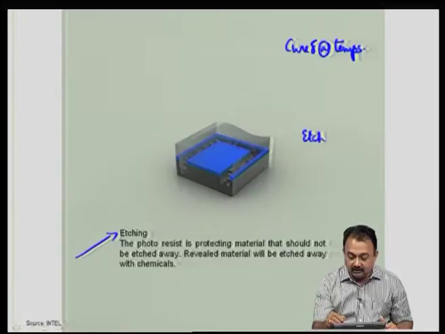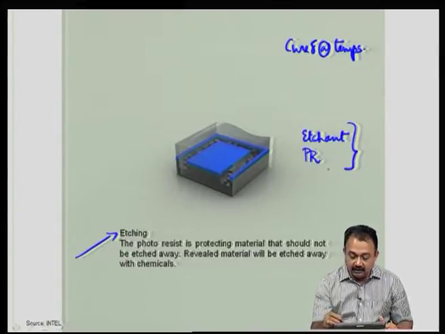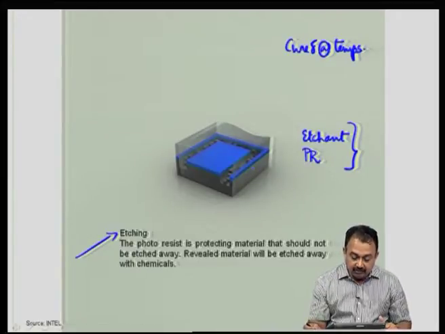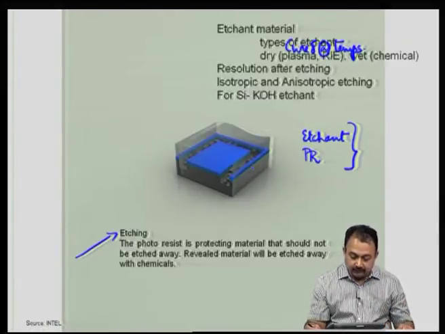So, there are different types of etchants. In this case you have the photoresist also. The compatibility has to be studied and the etchant should not react with the photoresist. The revealed material, that is the material where the photoresist is not present currently, will be washed away by the etchant chemical.